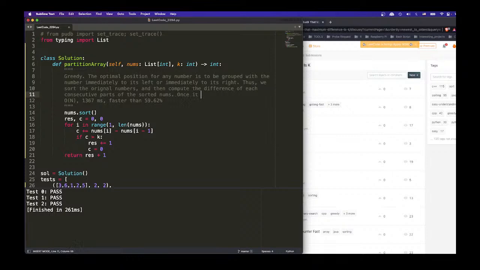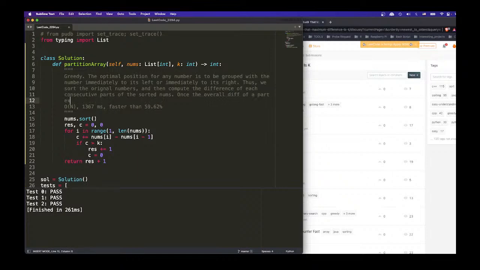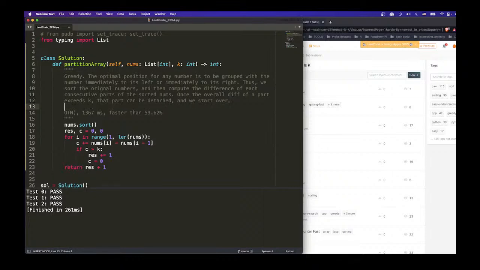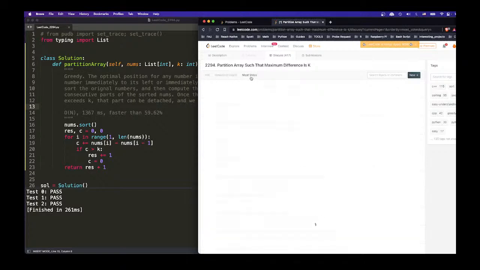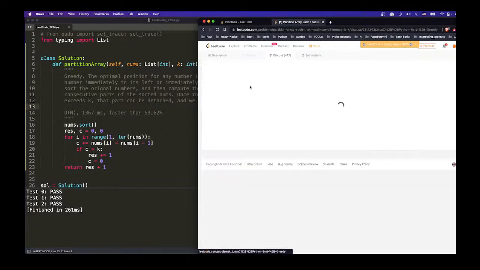Once the overall difference of a part exceeds k, that part can be detached and we start over. That's the solution. Sorting greedy. Yeah, most votes: sort plus greedy.